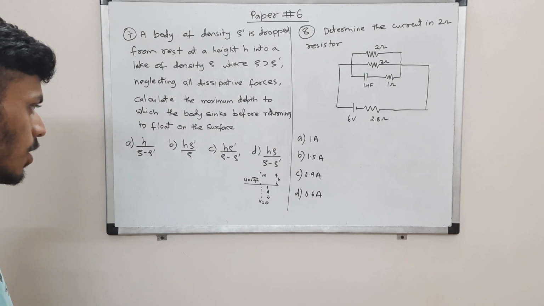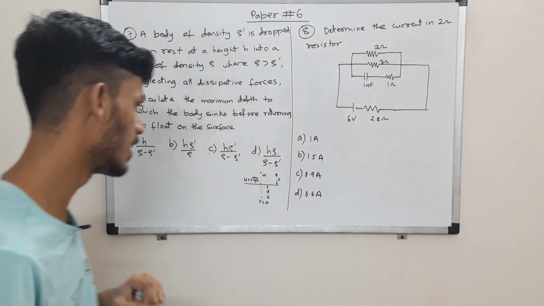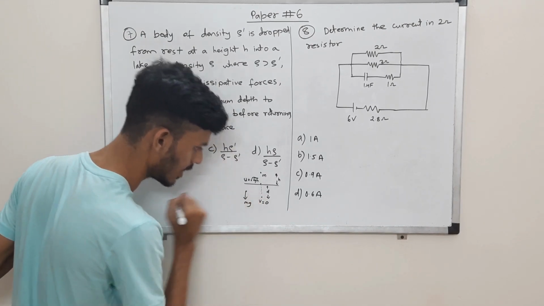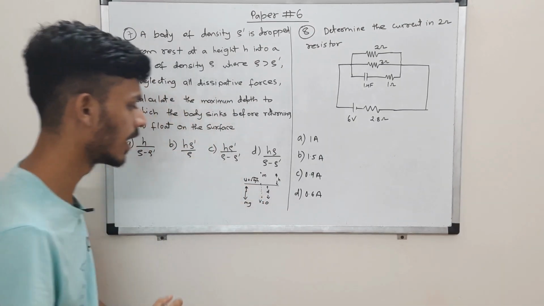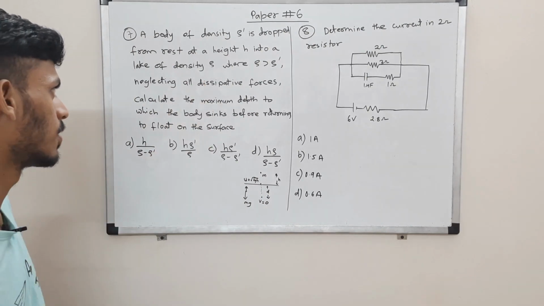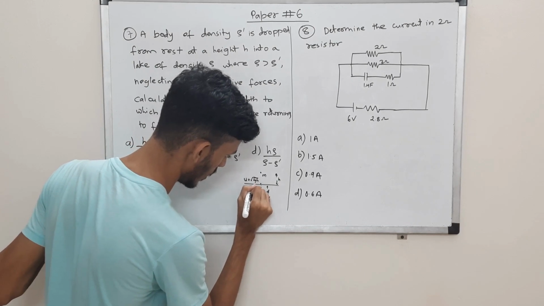So here first of all we'll find the acceleration in this region. The force acting in the downward direction is mg, the weight of your body, and the force acting in the upward direction, ignoring the viscous force and all, is just the upthrust, which I can write as u.